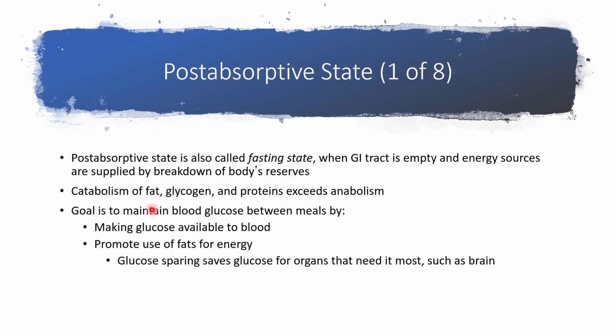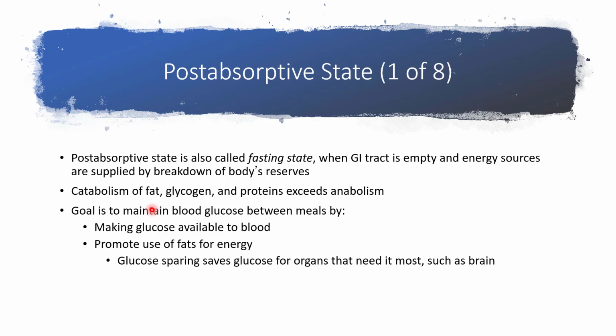Now let's go into the post-absorptive state. A few hours after we have already digested, and if we have already done a little bit of buildup, the post-absorptive state, or the fasting state, is when the GI tract is really empty and energy sources are supplied by breakdown of body reserves.